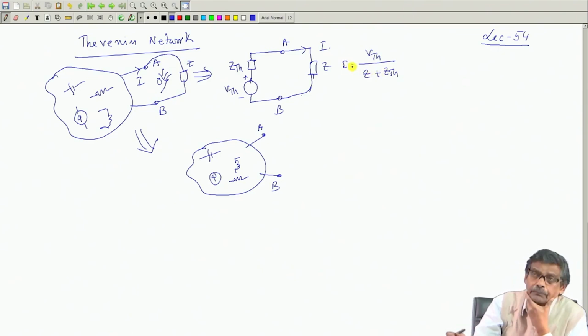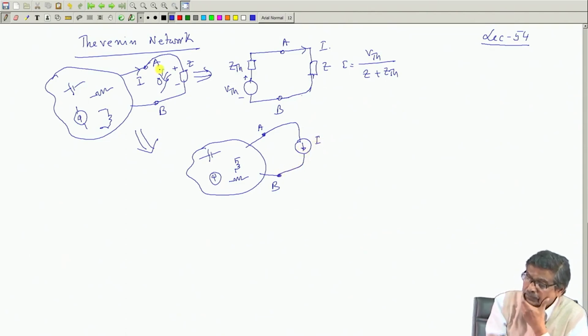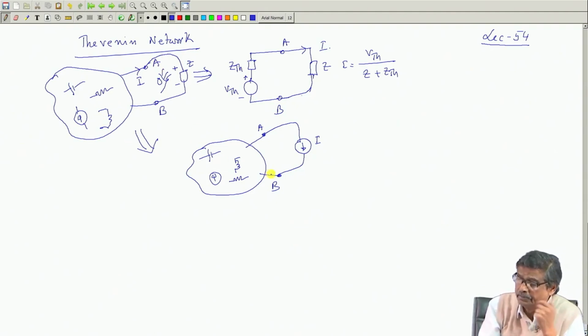So, in general I am writing. Now, this is A B. In the actual network this impedance will be connected, and in this branch a current I is flowing. Therefore, I can replace it by a current source I, is it not? Nothing will change; all the branch currents in this network will remain unchanged if you replace this by a current source.